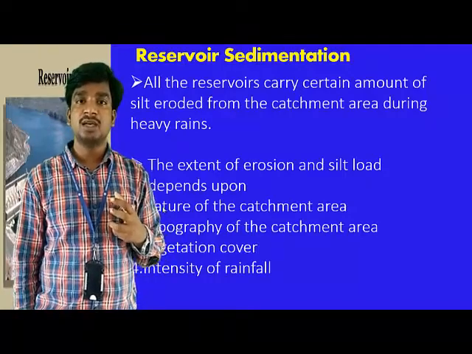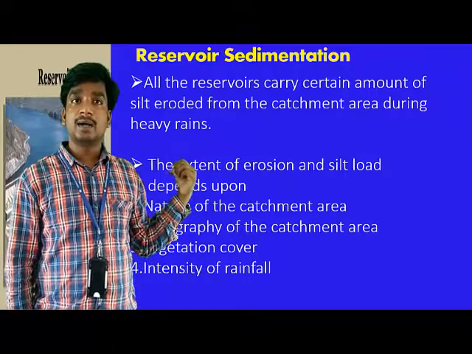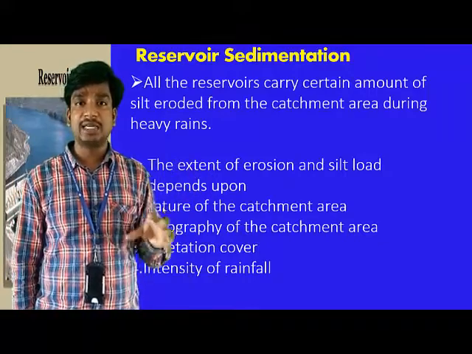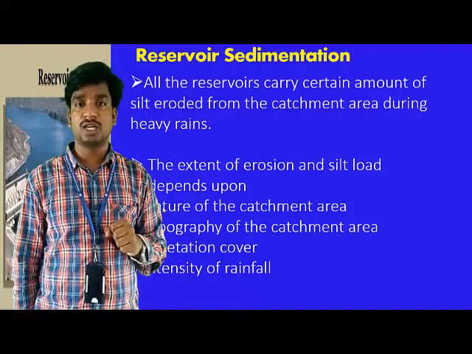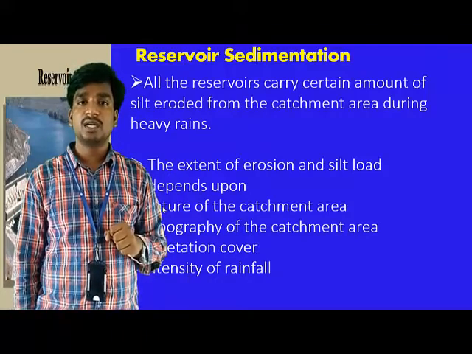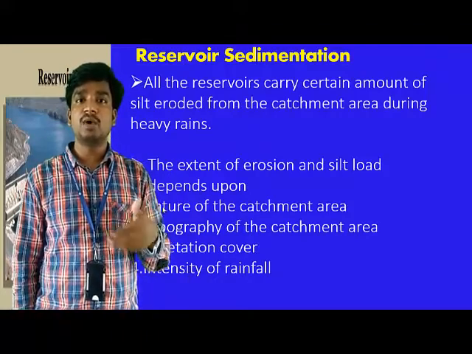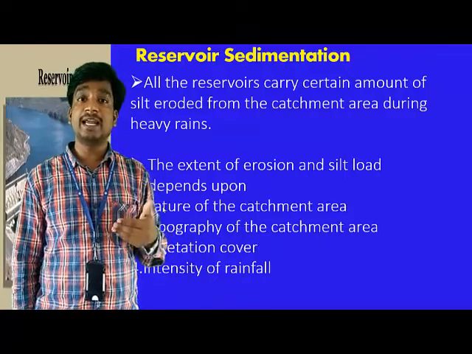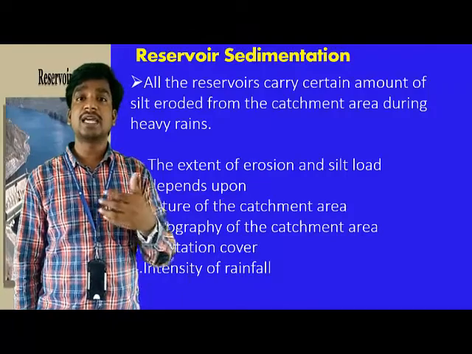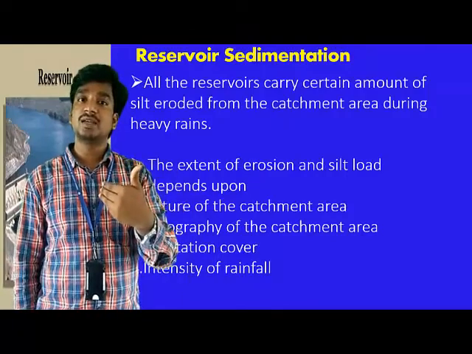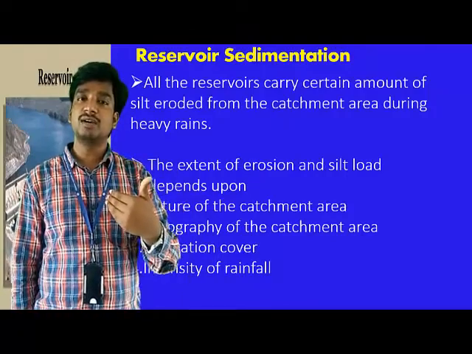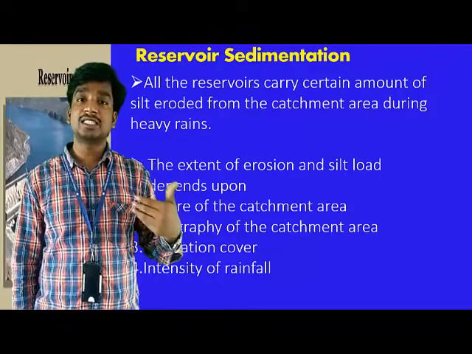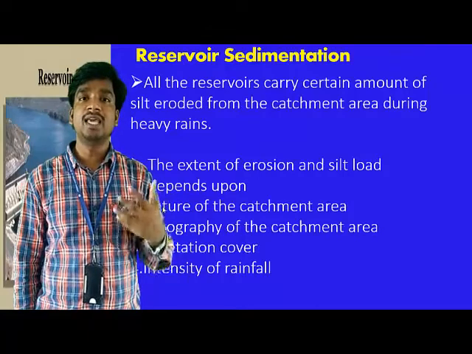In a similar fashion, what is the vegetation cover? Suppose let us assume the catchment area is having sufficient vegetation cover. What happens? It will give you more runoff, and at the same time there will be a great reduction in the silt carrying. Means erosion will be less due to sufficient vegetation cover, and if the erosion is less, ultimately the silt deposition is also very less.